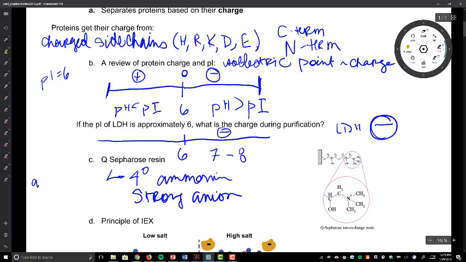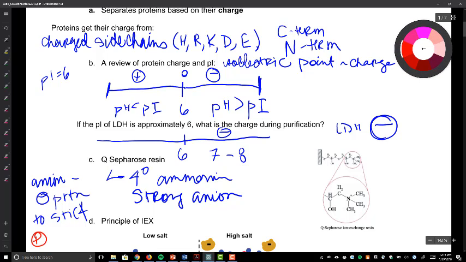So if we have an anion exchange column, we want a negatively charged protein to stick to the column. And if we want a negative protein to stick to the column, we would need a positively charged resin.